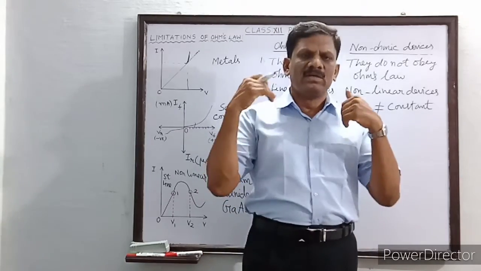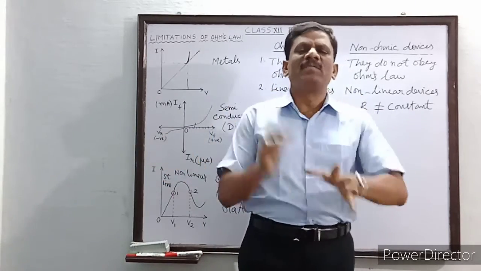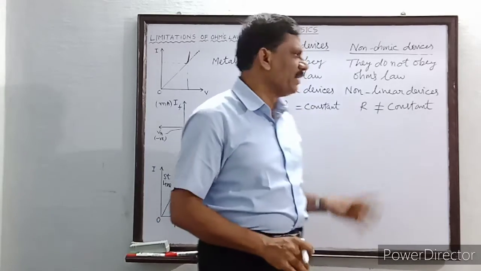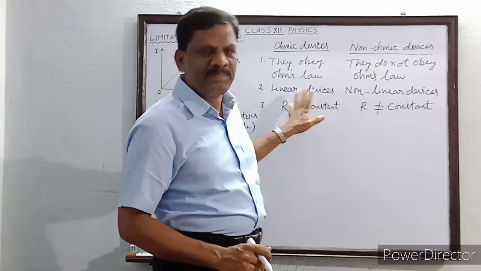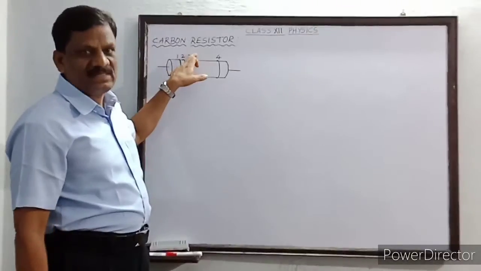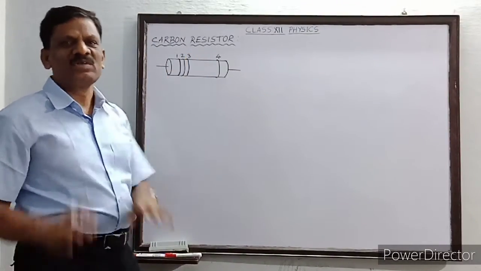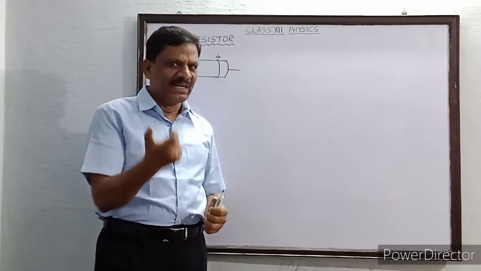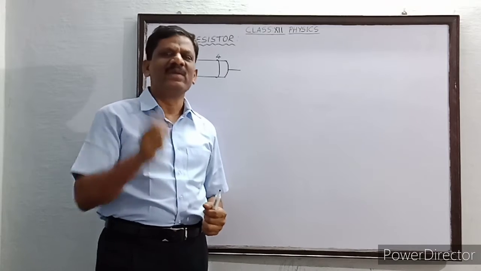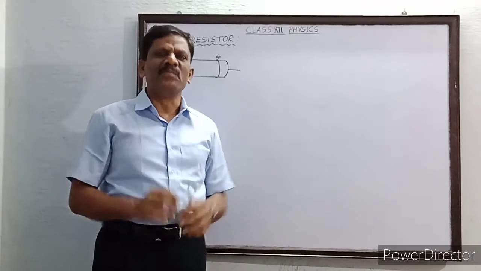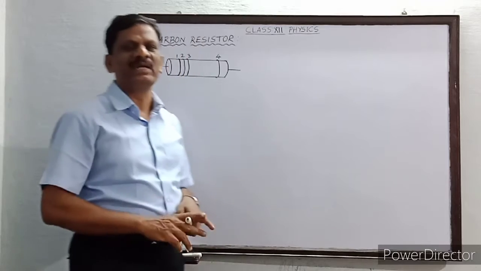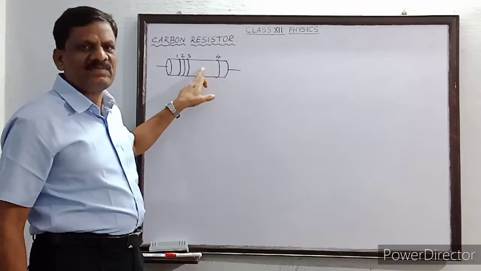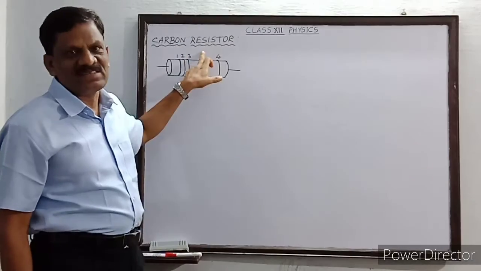Now we are going to the next topic. The next topic is one type of resistor which is called the carbon resistor. Have you understood this? Shall I rub the board? Okay. So this is a carbon resistor. In most electronic appliances like the TV remote, the calculators, and inside computers, if you open the circuit you can look at some devices like cylindrical shaped resistors which are called carbon resistors.